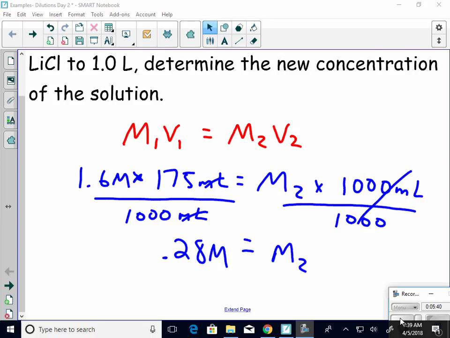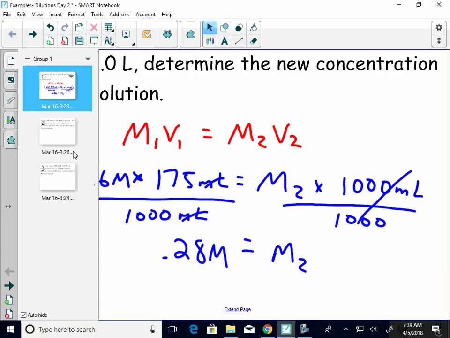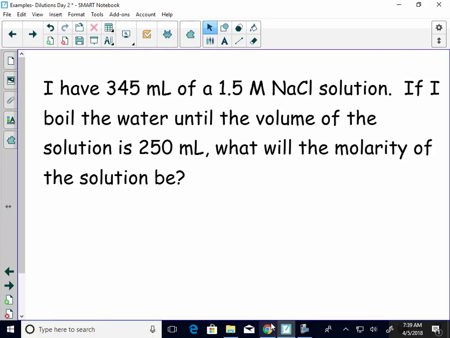Well, what's wrong? I can't read my calculator. That's what's wrong. So instead of the 2.8, it should have been 0.28 molar. Go ahead and copy down the second example, and then we will work.